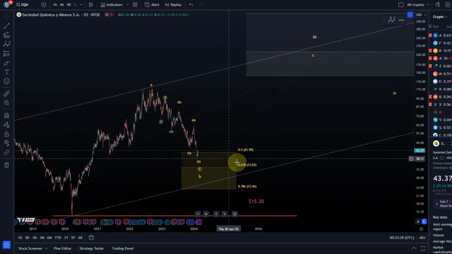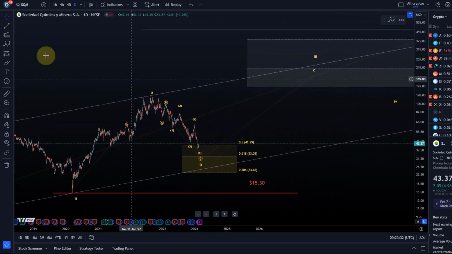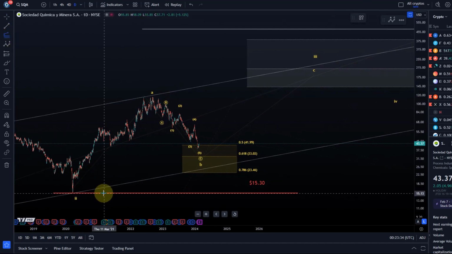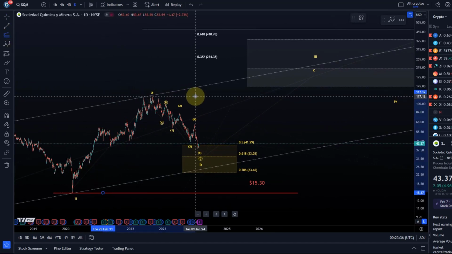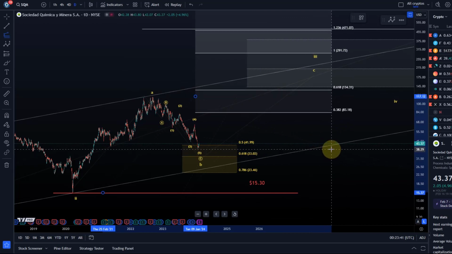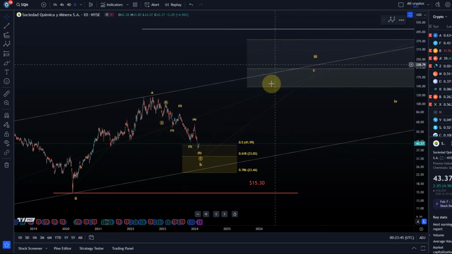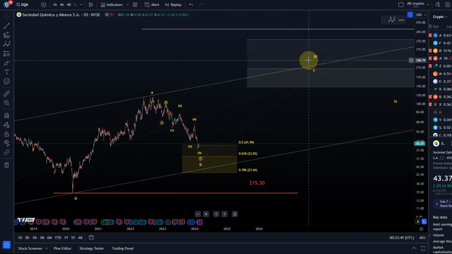Looking at just wave C of wave 3 itself, we can take the length of the A wave and go to the low of the B wave, and here the 1-to-1 ratio is a common target and might take us to $290 just in wave C of 3. There are obviously different ways of calculating targets, but they all point to decent levels.